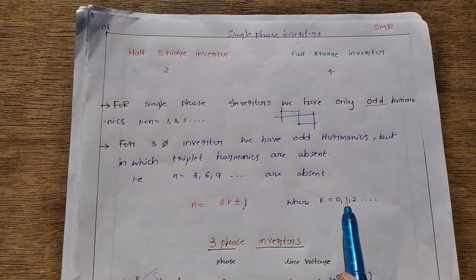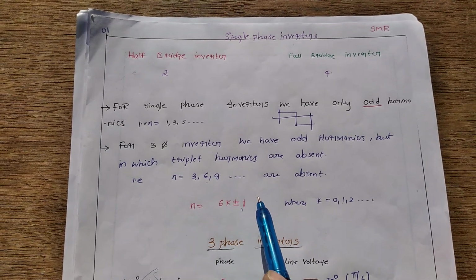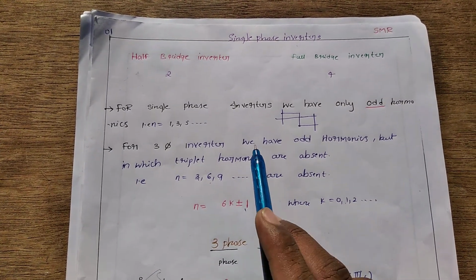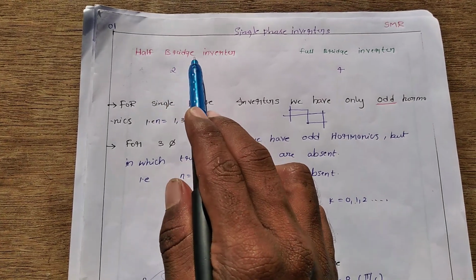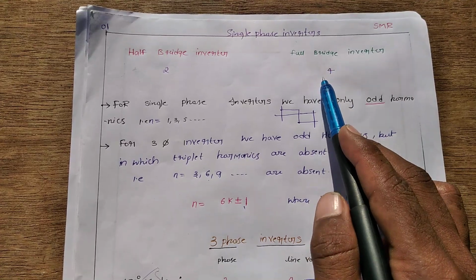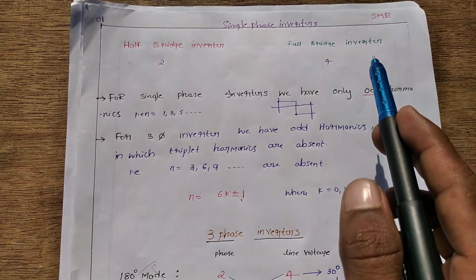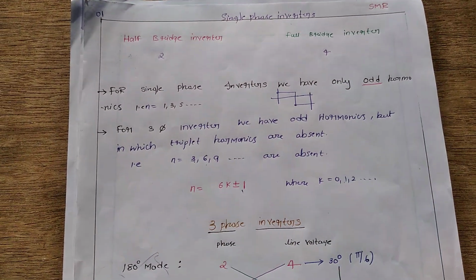If k is equal to 1, you will get the fifth harmonic and seventh harmonic. So like that we have the harmonics in the three phase. If you remember these factors, for half bridge inverter the factor is 2, for full bridge inverter the factor is 4, you can write the Fourier series expressions of any type of inverter.